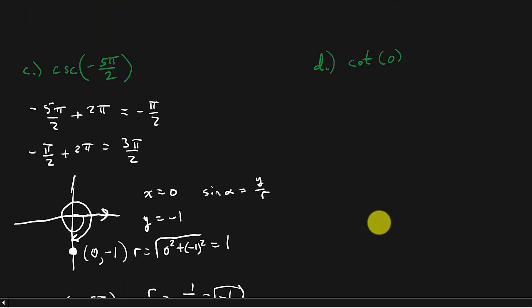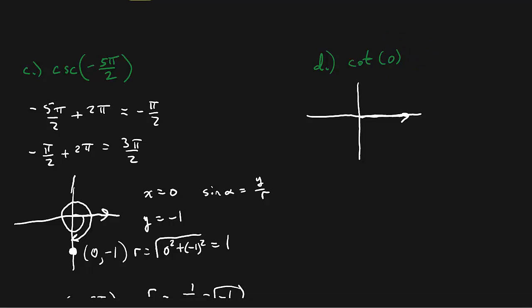All right, so let's do cotangent of 0. So if this is my initial side, well, rotating 0 degrees, we'll call that 0 degrees. I didn't put a degree symbol, but it doesn't matter if it's in degrees or radians. Well, let's just say it's in radians.